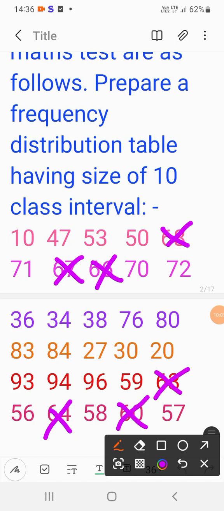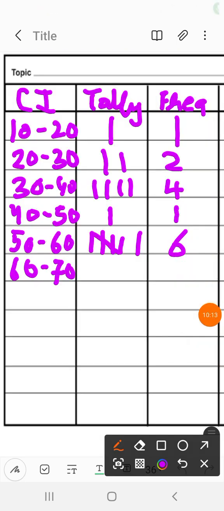So we have 6 numbers between 60 to 70. So for 60 to 70, we have tally 6 as well. So we will write 1, 2, 3, 4, and the 5 would be the cross, and then 6. So the frequency would be 6.